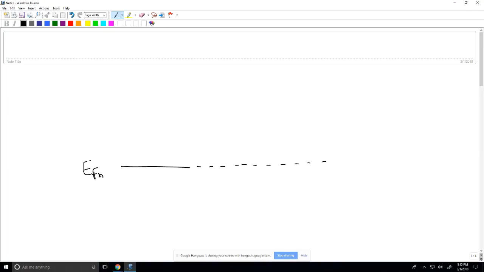A metal has a much higher charge density than a p-type semiconductor. So holes from the semiconductor move towards the metal and basically create a depletion region. The vertical dotted line I'm drawing here represents the depletion region.